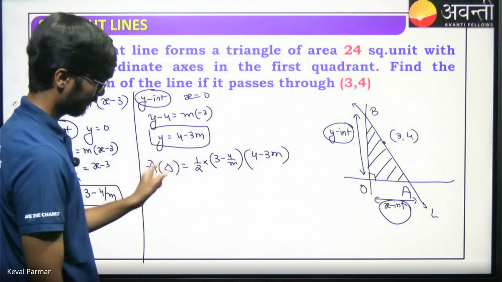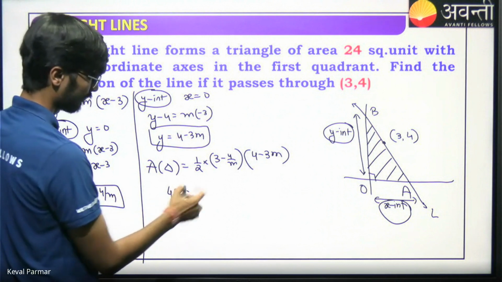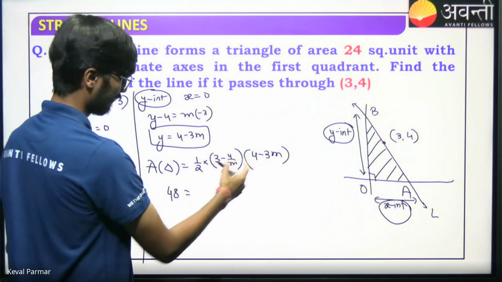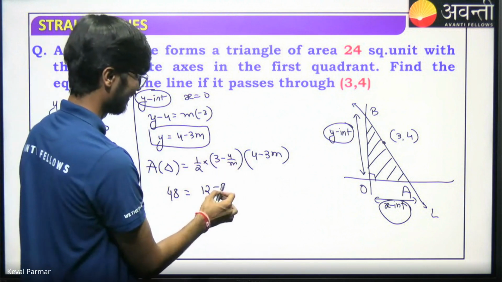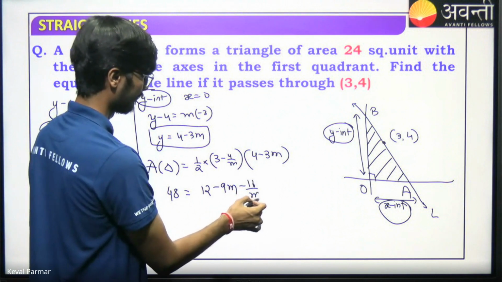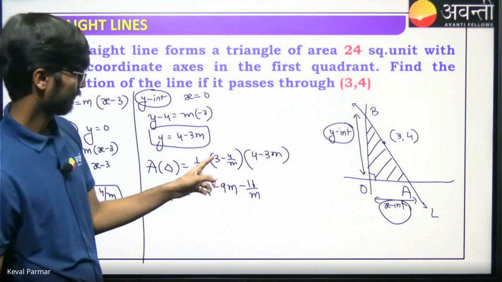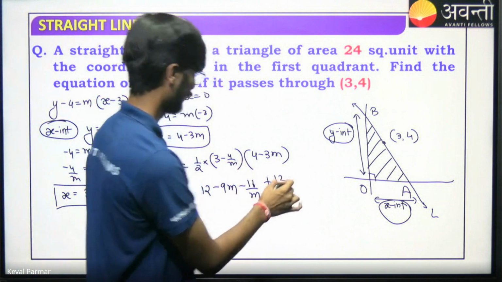So if I cross multiply, I'll get 48, right? Equals, let us open these brackets, 3 4s are 12, minus 9m, minus 16 by m. Am I doing the right calculations? Yes. Plus 12.